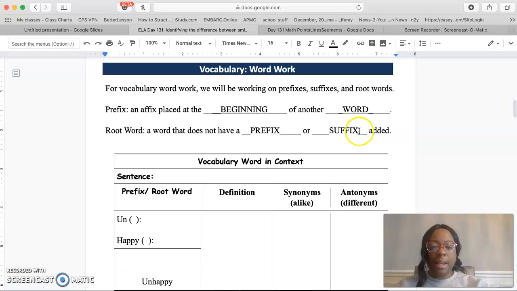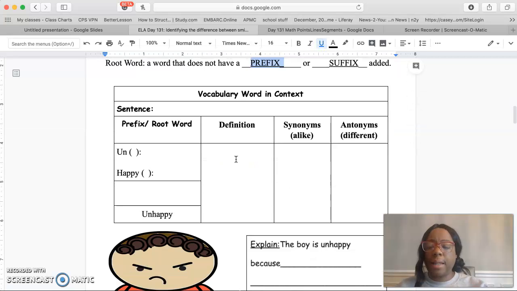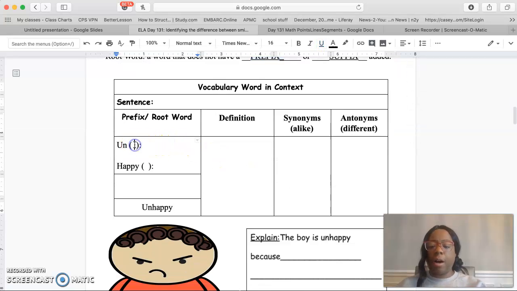Okay, guys. Now, today we're working with a prefix and a root word. When we work with prefixes and root words, we match them together to create a new word. We're doing that today. Let's keep it moving. Now, our prefix is un, so we're going to put a P in parentheses. Let's make it fit.